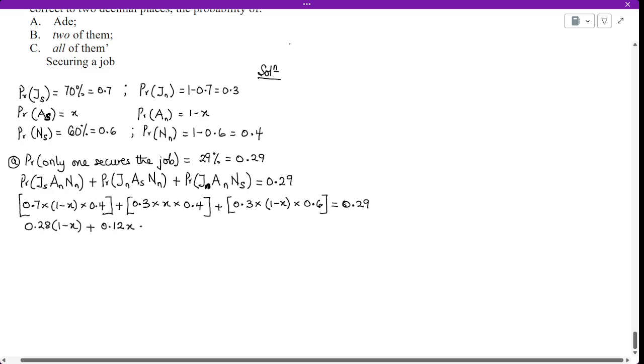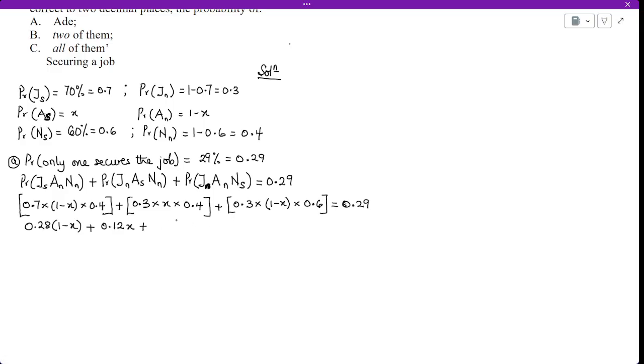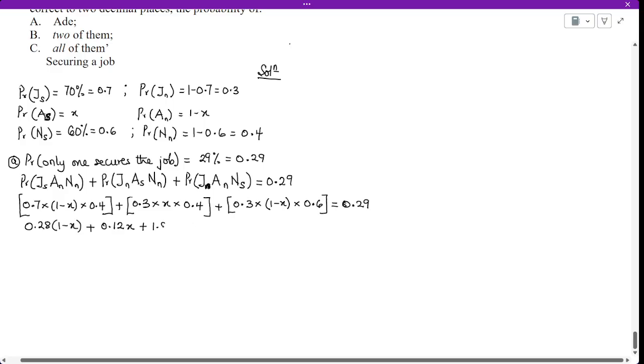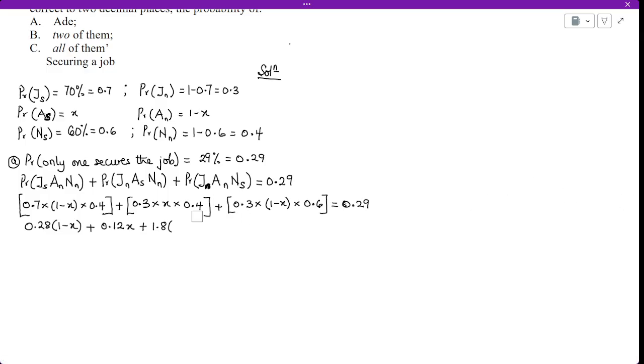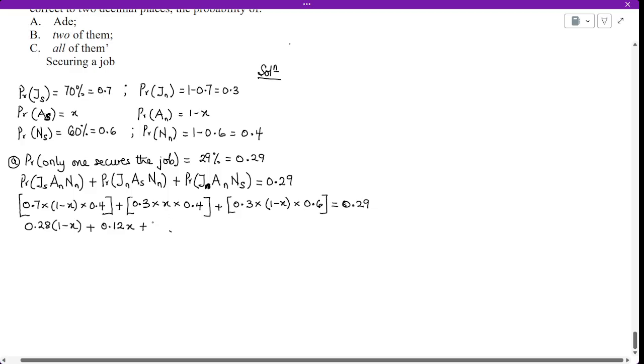Then the last one, 0.3 multiplying 0.6 gives us 0.18, multiplying 1 minus X, and this equals 0.29.